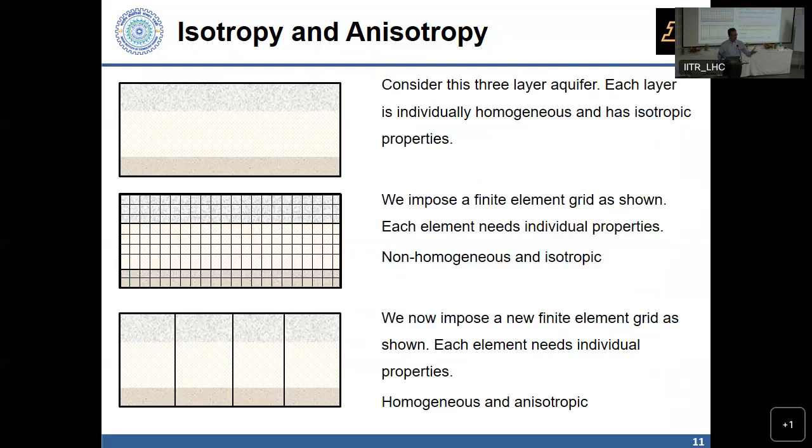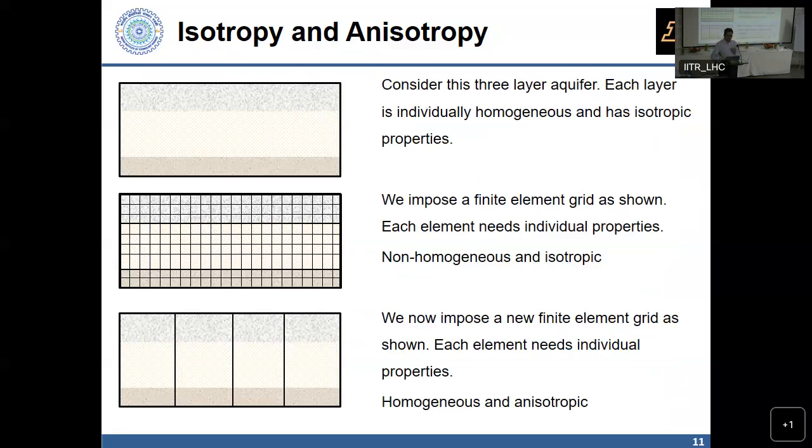So whether it's homogeneous or non-homogeneous depends on what your application is. You cannot beforehand declare something as homogeneous or isotropic. So isotropy and homogeneity are also governed by the application scale.